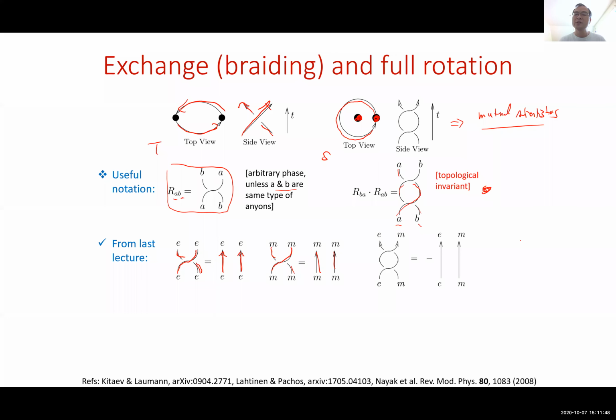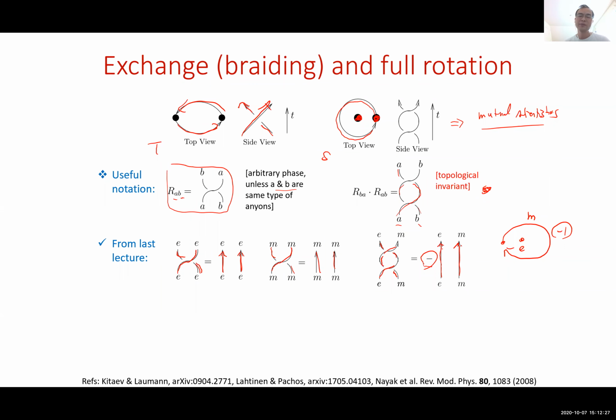But as we see, for E and M, if you do a rotation of M around E, there's a minus sign. So pictorially, I can view this as two braidings, and it returns a minus sign, because E and M return back to their original locations. So I can denote that this looks as if the particles travel independently, but with a minus sign there.